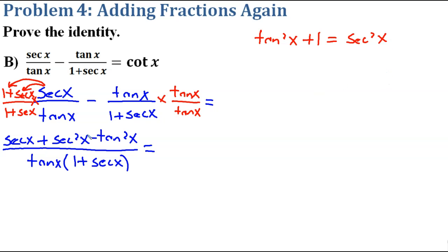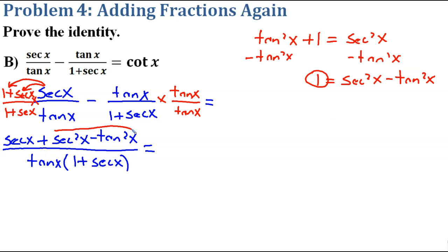What do I have here? I have a secant squared minus a tangent squared, so if I subtract tangent squared x from both sides of this identity, I get 1 is equal to secant squared x minus tangent squared x. In other words, I can replace this secant squared x minus tangent squared x with just a 1.